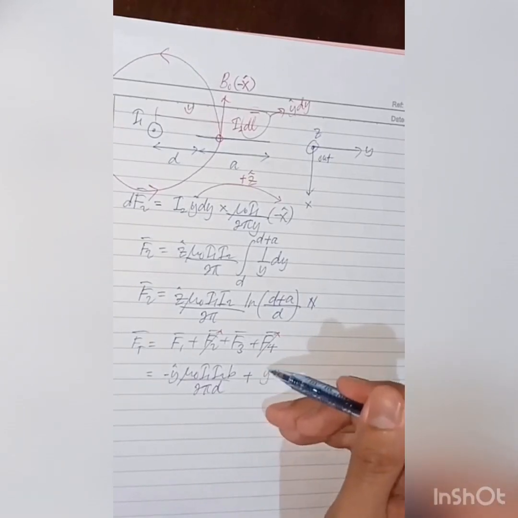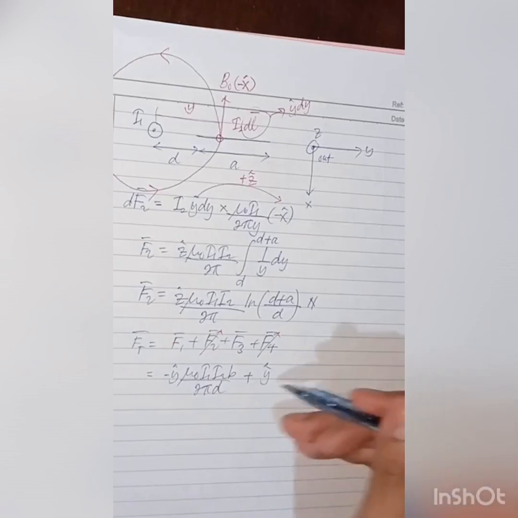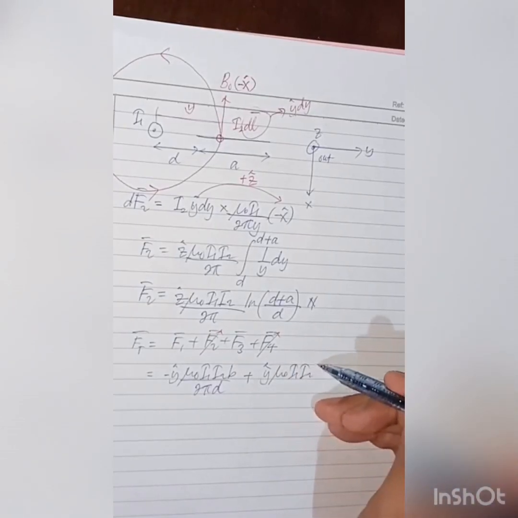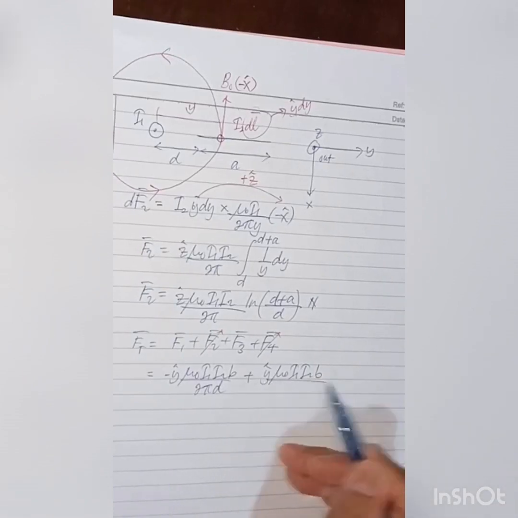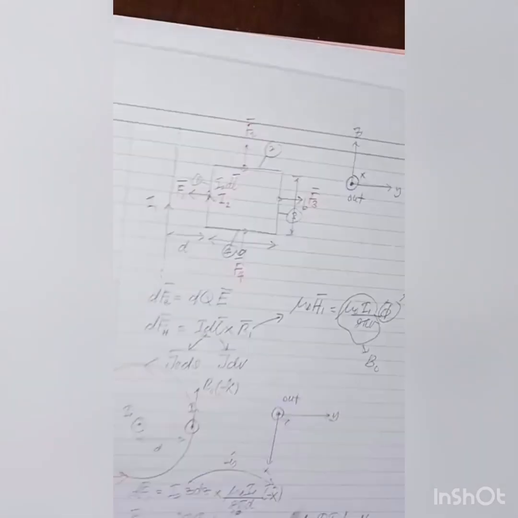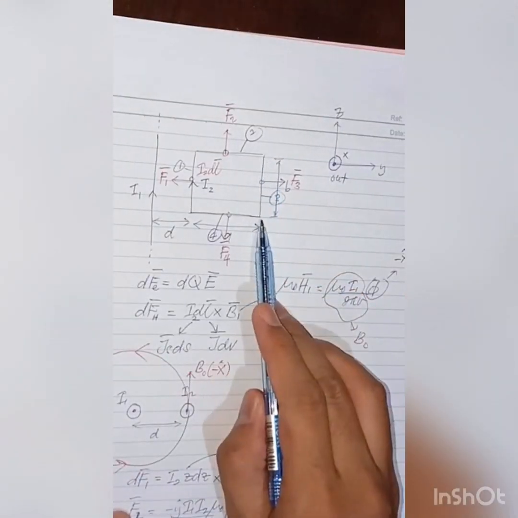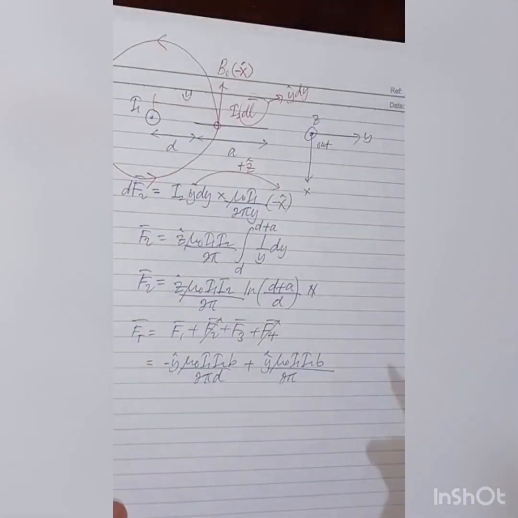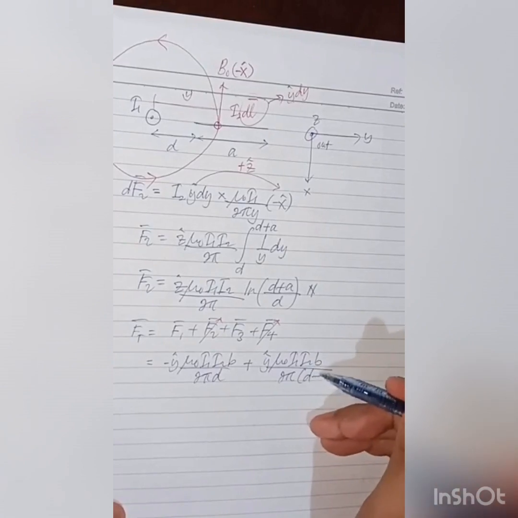Now it has positive Y direction, mu naught I1 I2 and B. Now here, guys, we have a little bit of change, which is now becoming D plus A, because this particular line has distance D plus A. So that's the second change for the F number 3. So here just change to D plus A.